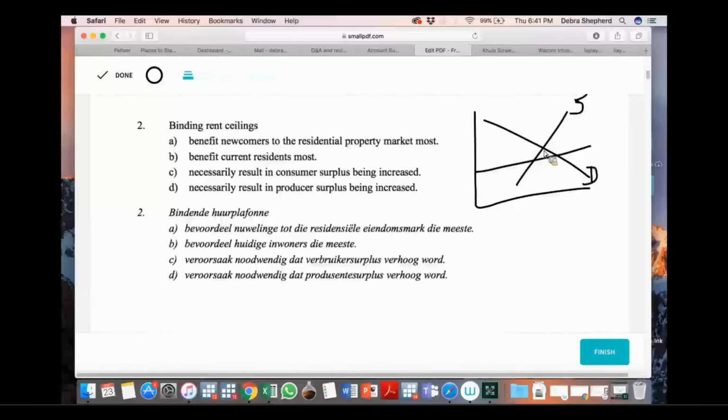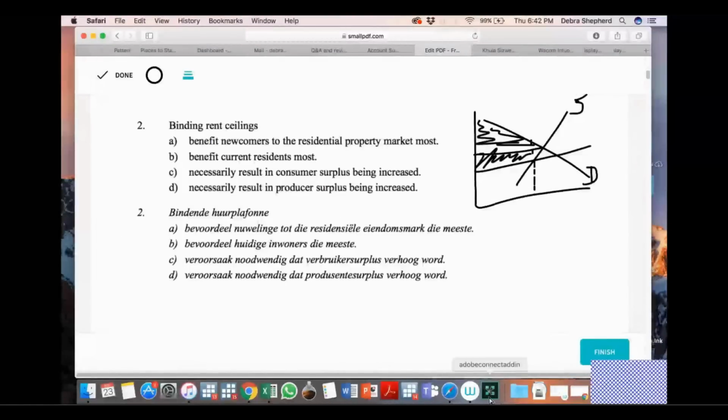What we know is that prior to the price ceiling being put in place, consumer surplus is everywhere that's above that equilibrium price. Now that there's a price ceiling in effect, we will have some consumer surplus being lost due to deadweight loss, but then we will see that consumer surplus is going to go up.